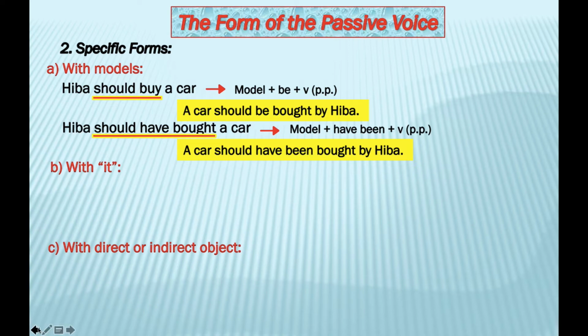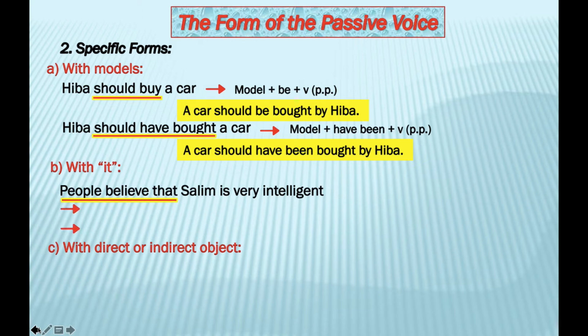Let's move on with it. So, people believe that Salim is very intelligent. I think you may have seen this kind of sentence. When we have the form people believe that, or people said that, or people report that, any subject, it could be people, Ahmed, she, he, anything with the verb plus that, it's going to take only two forms.